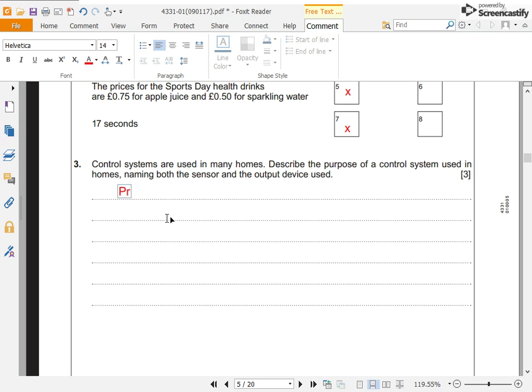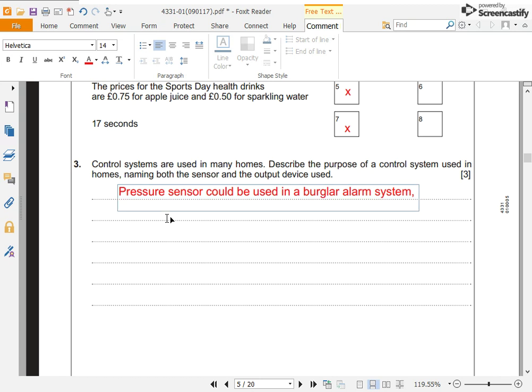Okay. Pressure sensor, get one mark for that. Could be used in a burglar alarm security system. That would give me one mark. I now need to describe what the burglar alarm system would do.